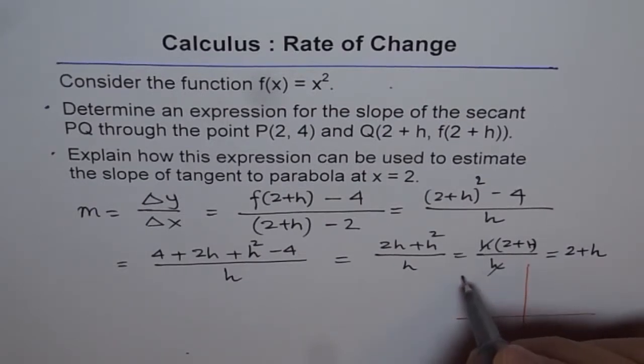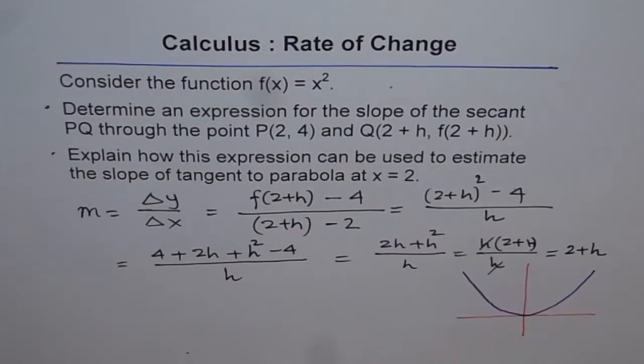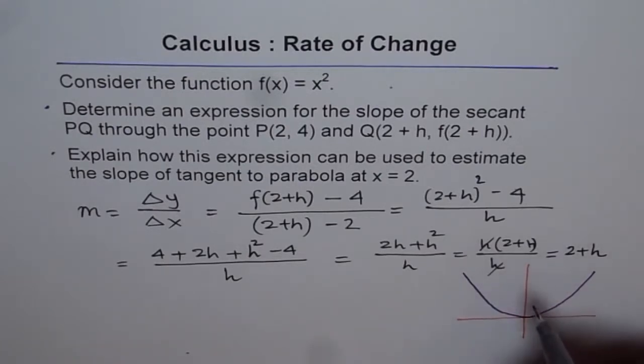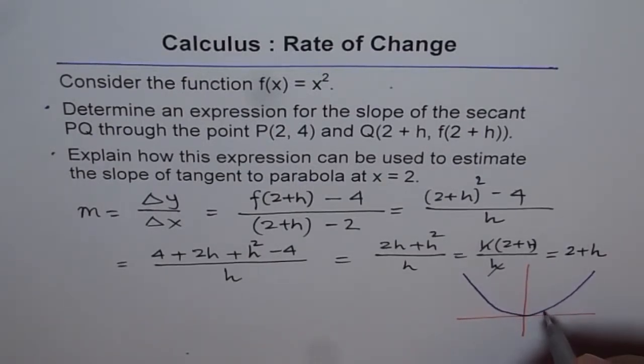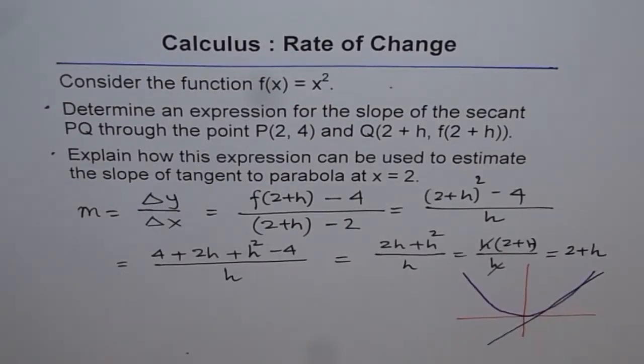Let me make a rough sketch of the parabola, and let's say P and Q are points so that we get a secant which is kind of like this. It's not a very straight line, but I think you get the idea. This point is P for us and this point is Q for us, right?